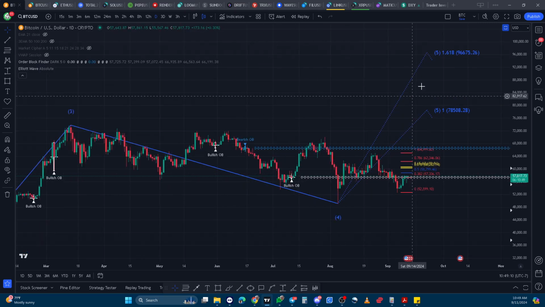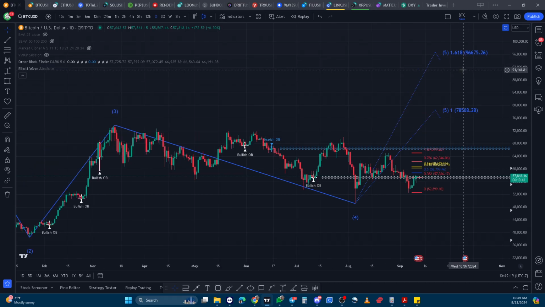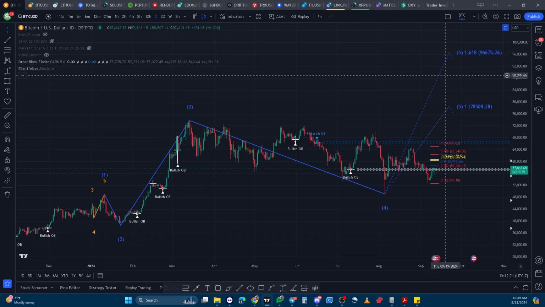But what it's trying to tell us is that we should see something between 78,500 and almost 97K. If we're going off of the size of wave 2 to wave 3, then we would see 96K. If we go slightly, I believe it's 70% of wave 3, we'll see 78K. And that's on the daily chart.